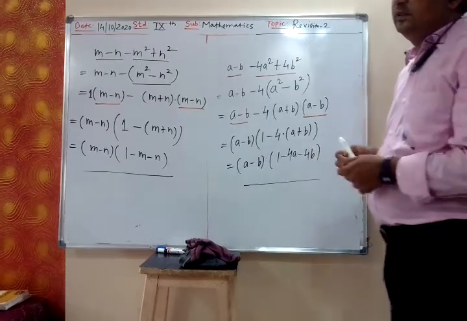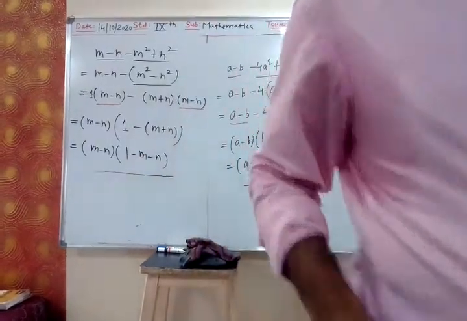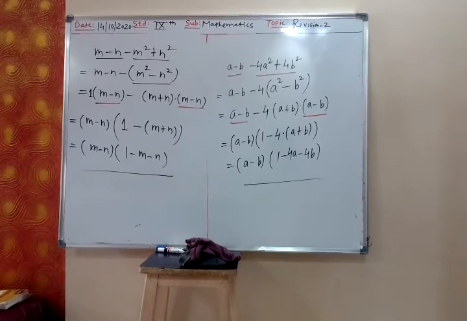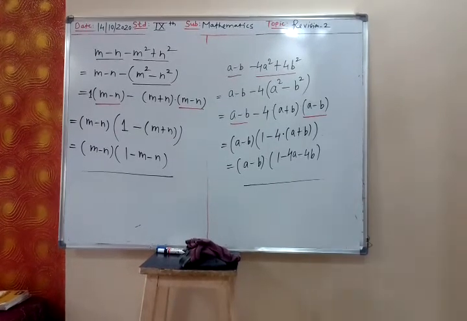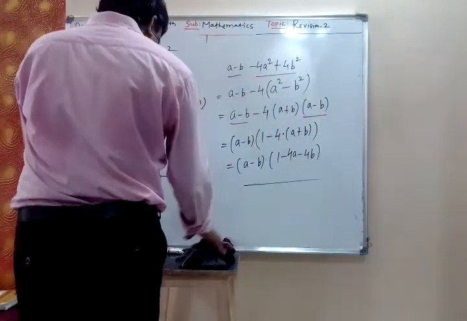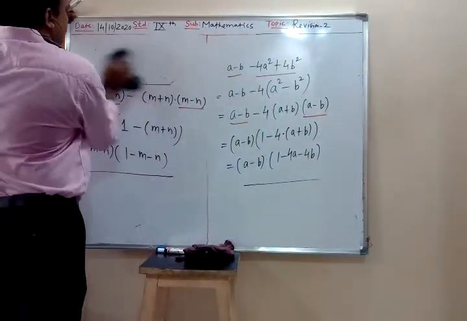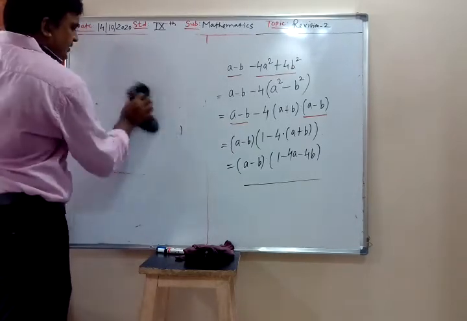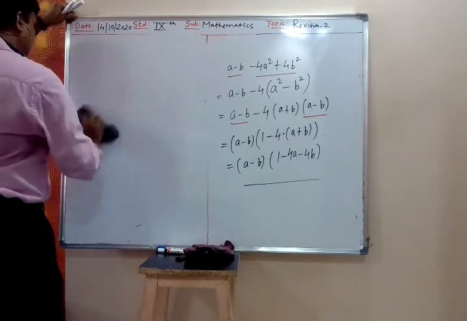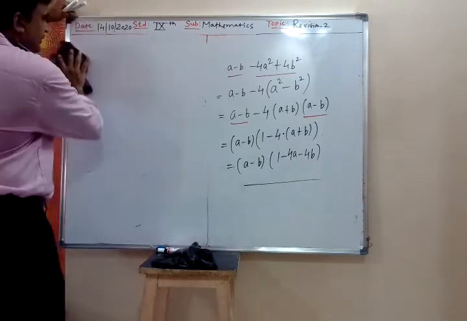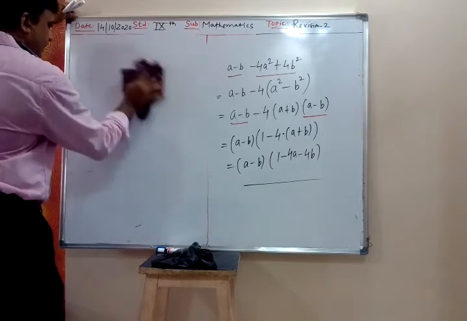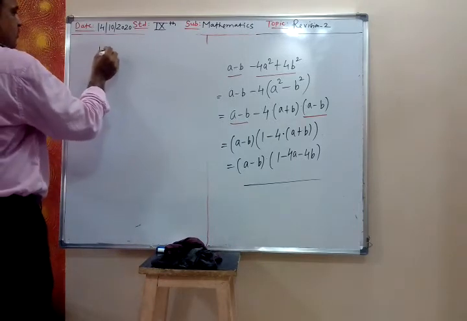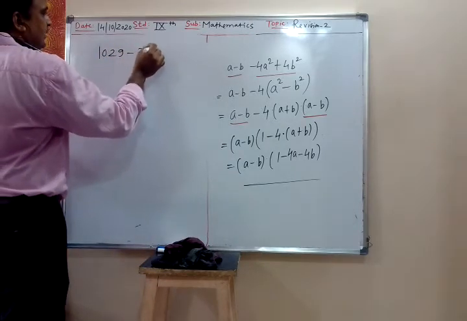Now, 1029 minus 3a square. Okay, 1029 minus 3a square, correct?